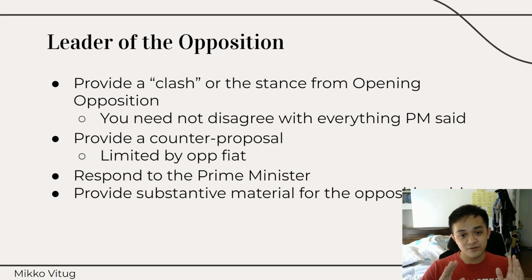What that entails, however, is that you have fiat as well on the opposing side, which is basically to say, for any resources that the Prime Minister uses for their proposal, you can also give a counter proposal with the same and equal amount of resources.